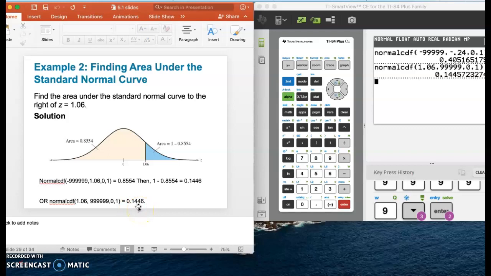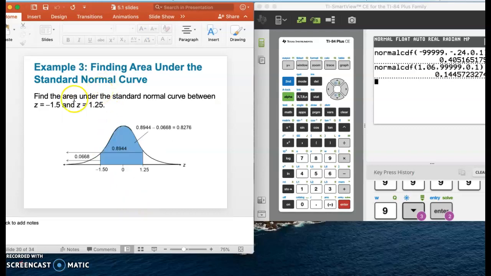Let's look at one more example. In this example 3, we're trying to find the area under the standard normal curve between z equals negative 1.5 and z equals 1.25. So I'm going to go back over to my TI-84 calculator.